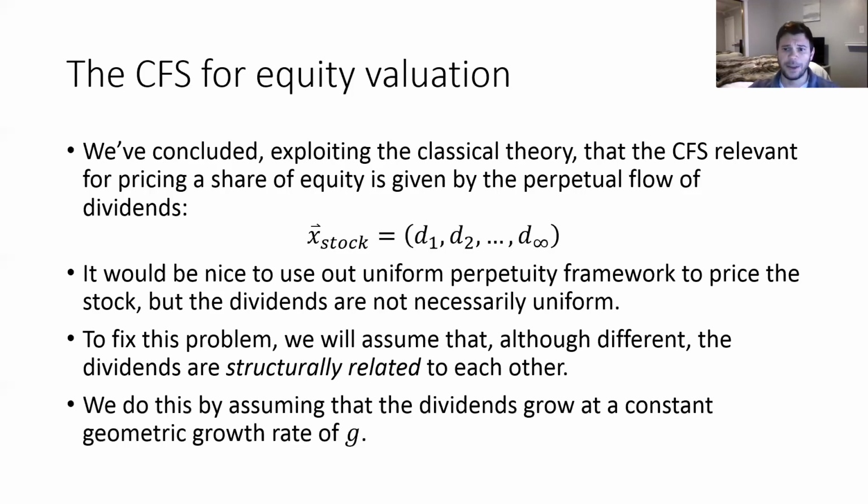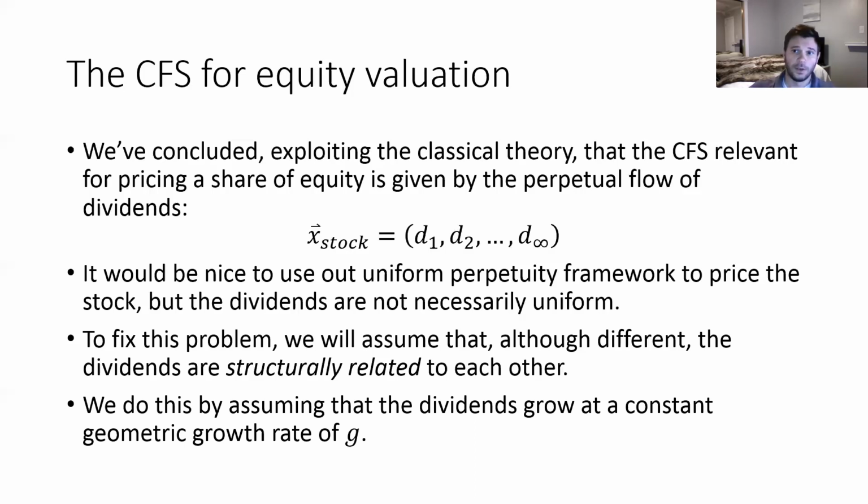And we're going to do that by assuming that the dividends grow at a constant geometric growth rate of G. If G is positive, the dividends are getting geometrically larger over time. If G is negative, the dividend stream is getting geometrically smaller over time. If G is 0, then we would be back in a uniform perpetuity framework, and we know what that should look like.